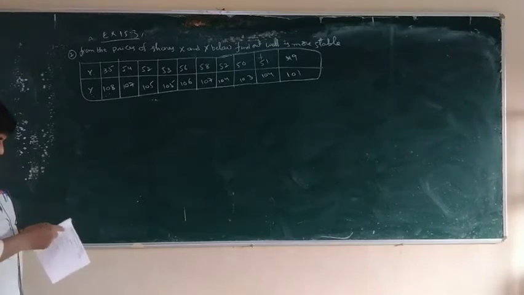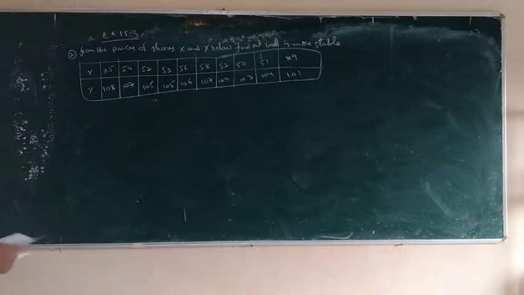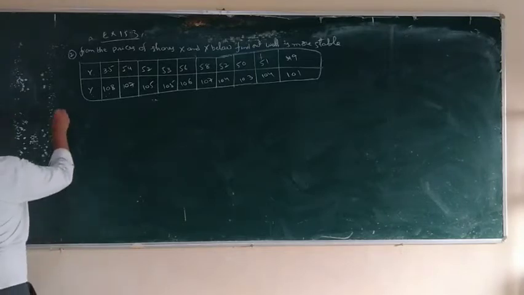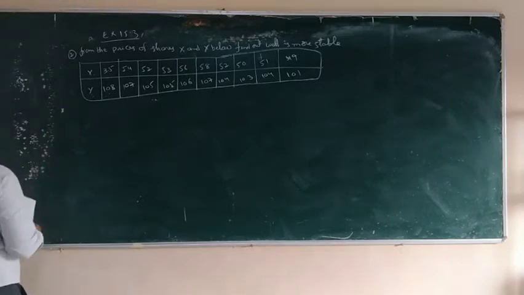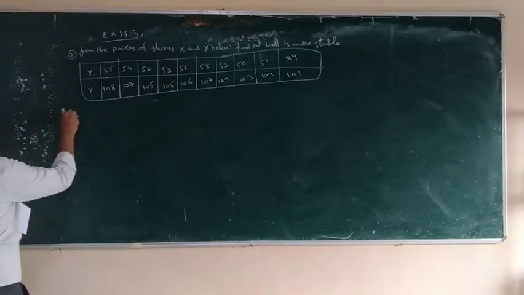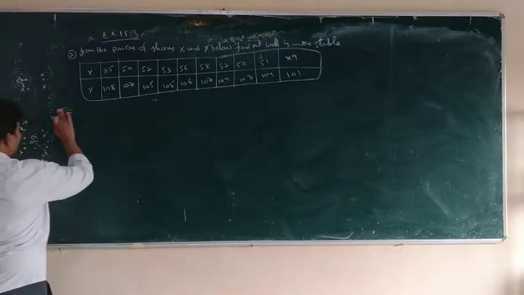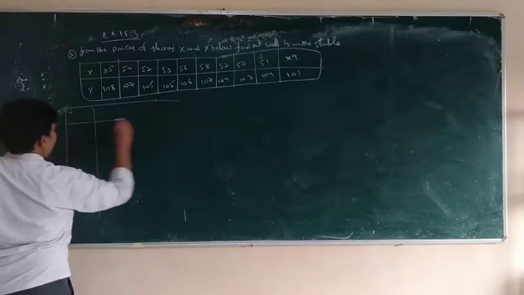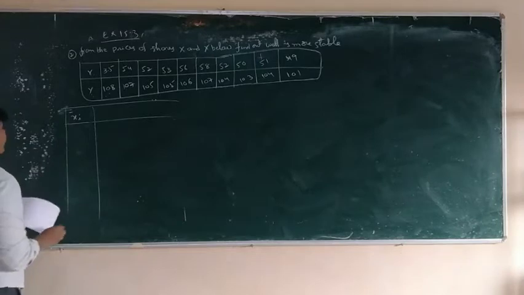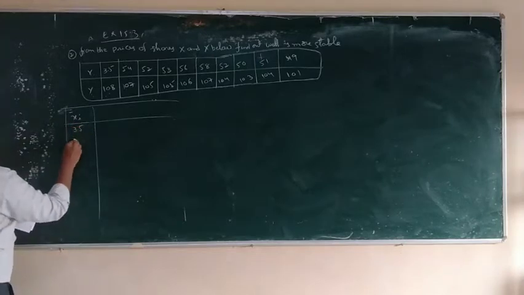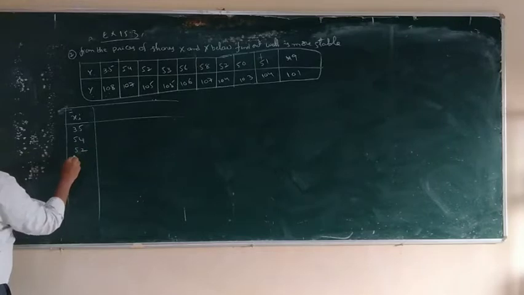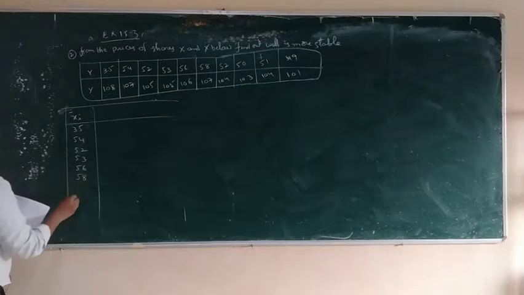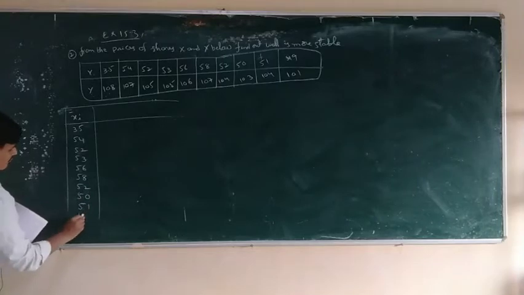First, the table: X, xi, is 35, 54, 52, 53, 56, 58, 52, 50, 51, 49.